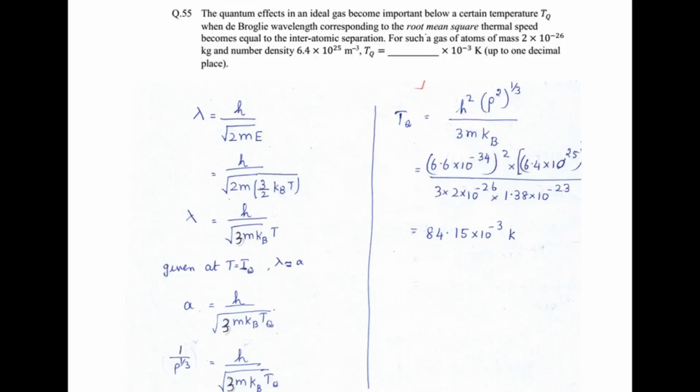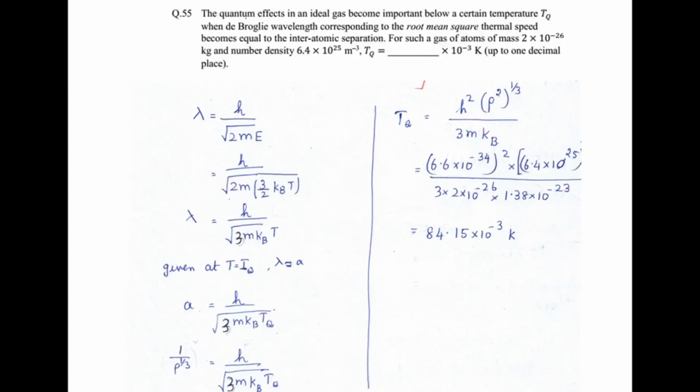Question: the quantum effect in an ideal gas becomes important below a certain temperature Tq when the de Broglie wavelength corresponding to the root mean square thermal speed becomes equal to the interatomic separation. For such a gas of atoms of mass 2 into 10 raised to minus 26 kg and number density 6.4 into 10 raised to 25 per meter cube, the Tq is equal to dash into 10 raised to minus 3 Kelvin.